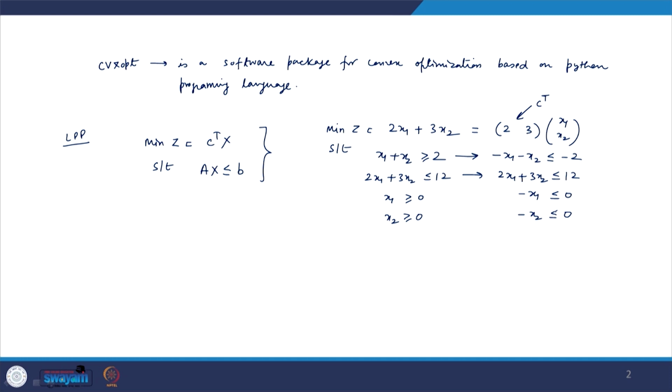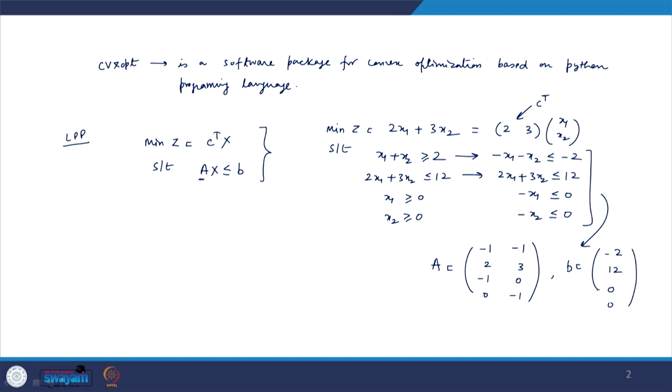So, what is A here for this example? A will be the matrix with rows minus 1, minus 1; 2, 3; minus 1, 0; 0, minus 1. What will be b? b is the right hand side: minus 2, 12, 0, 0.